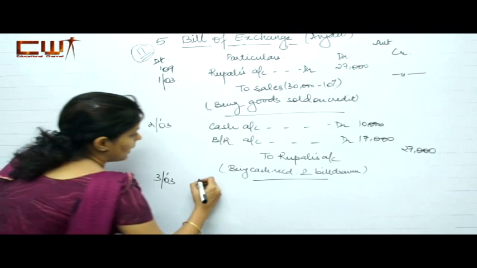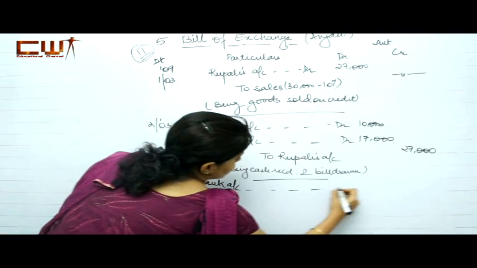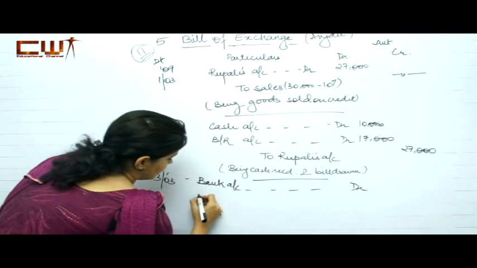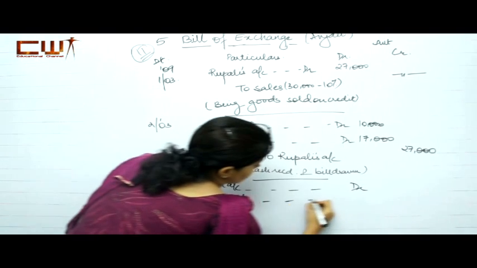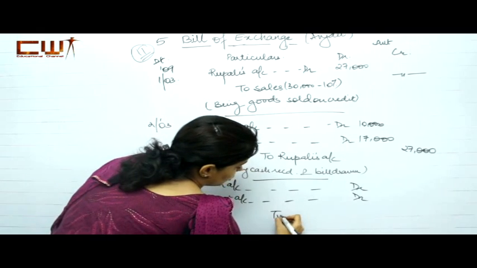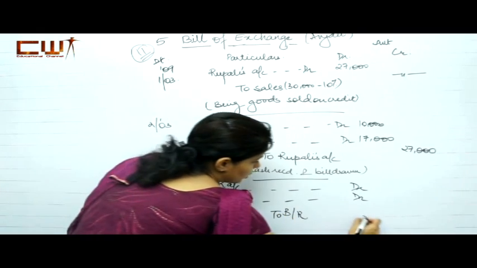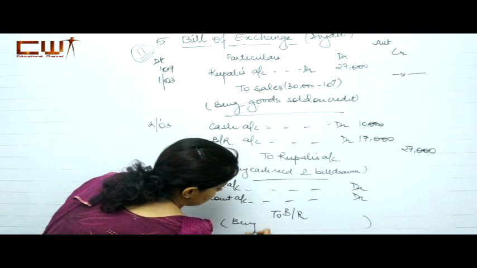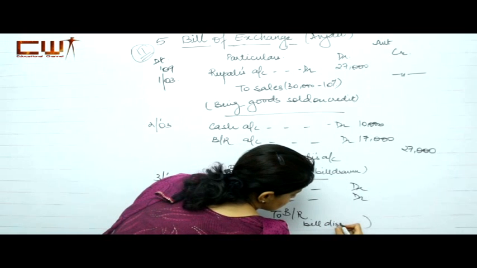So it will be bank account debited, discount account debited, to bills receivable, because when you submit the bills receivable, then only you will get the money. Being the bill discounted.